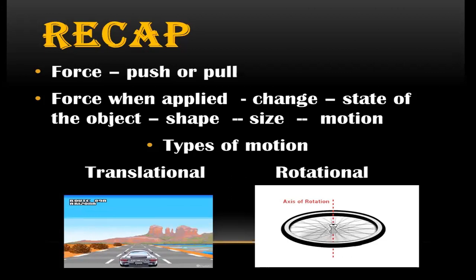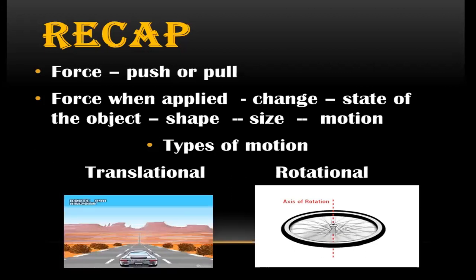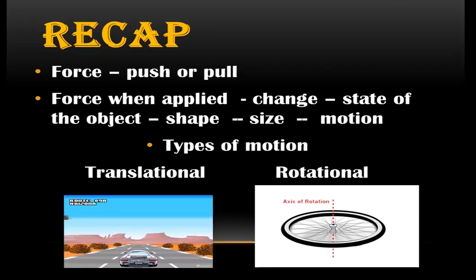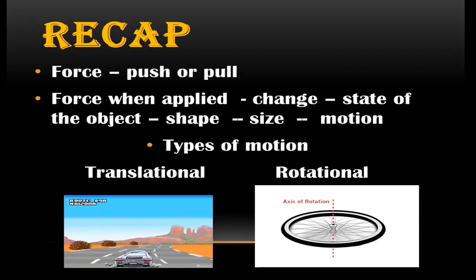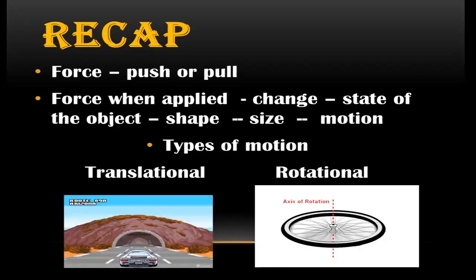When the object is moving in a straight path in the direction of force, you call it linear or translatory motion. If a body is pivoted at a point, or fixed at a point, and you apply a force, there is a turning effect on the object, and this motion is what you call rotational motion.